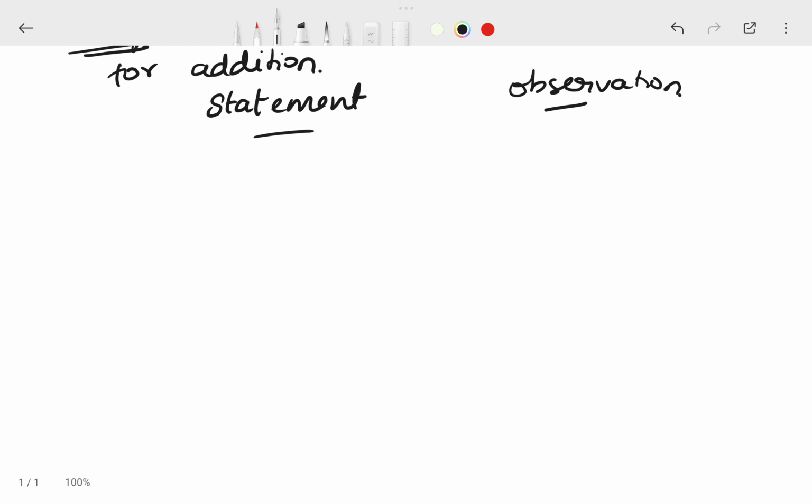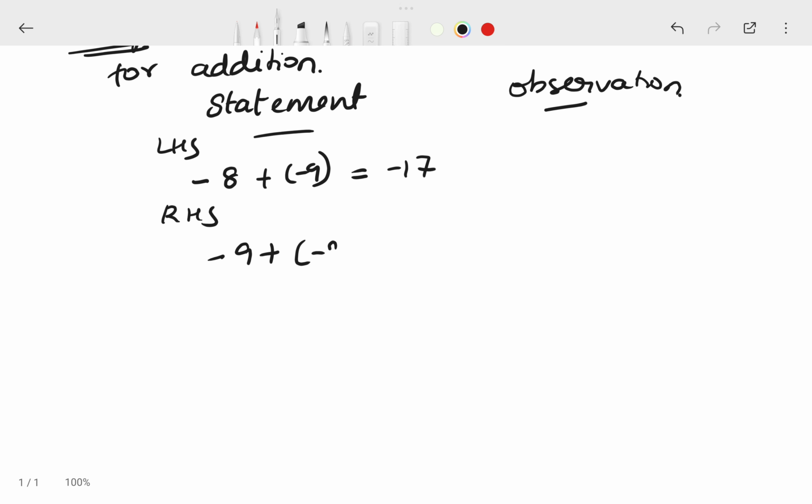First, -8 plus -9, which we get as -17. This is the LHS. Now we will do the RHS: -9 plus -8, which is also -17.